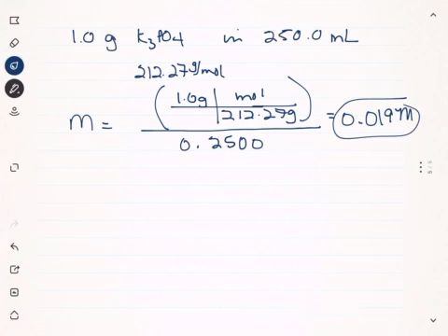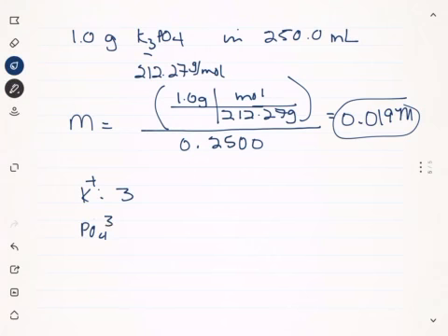So this means for K+ I have 3 ions, and for the phosphate, PO4 3-, I have 1.